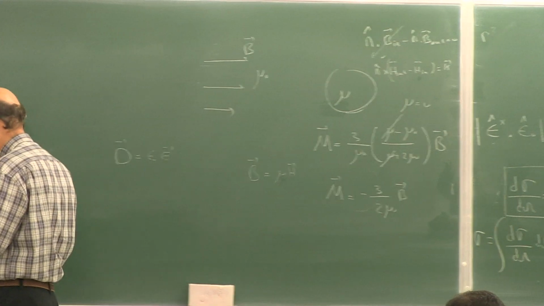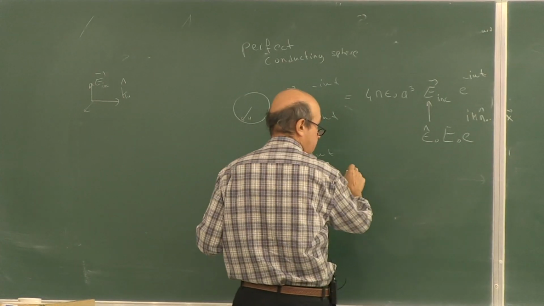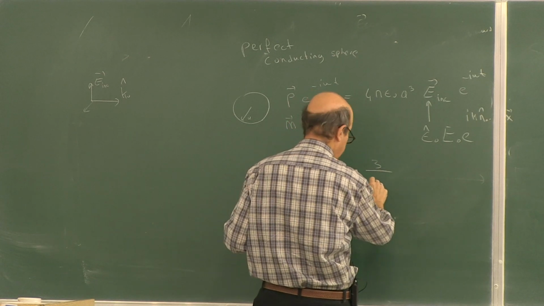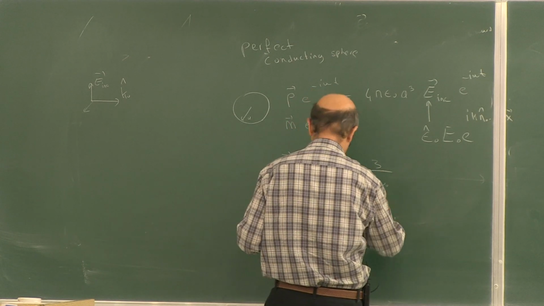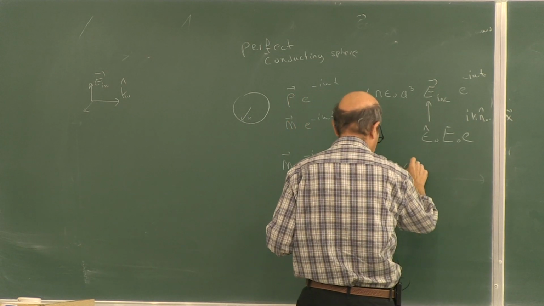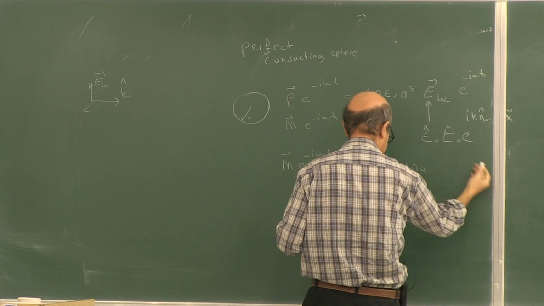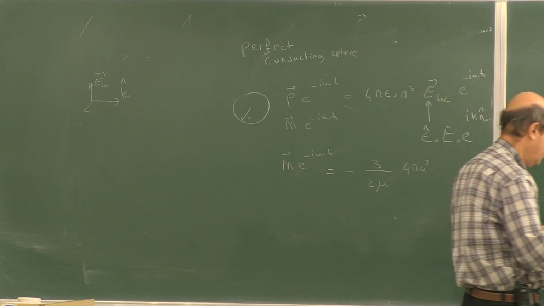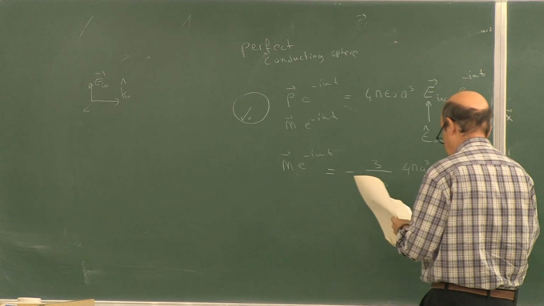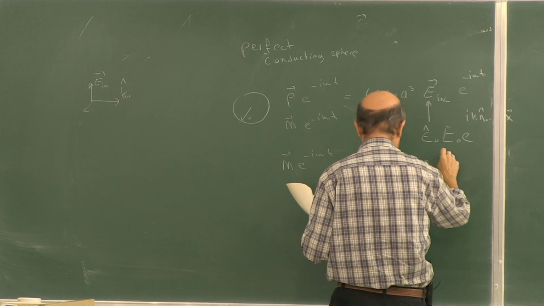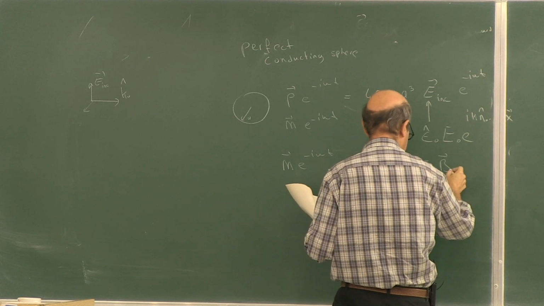So that should be equal to the magnetization, that is minus 3 over 2 mu 0, times the volume 4 pi a cubed over 3. Because the magnetization is constant, you can integrate through the volume easily. That is nothing but minus 2 pi a cubed over mu 0 times B incident.